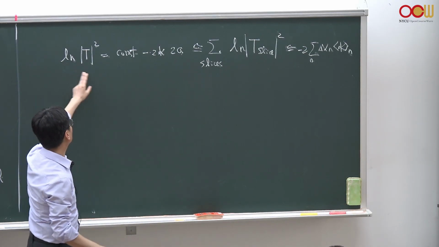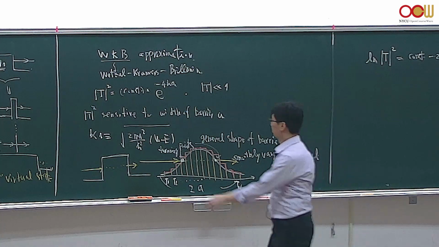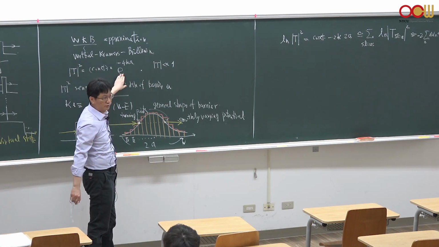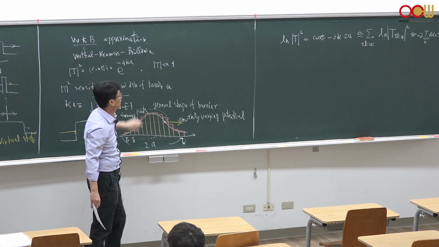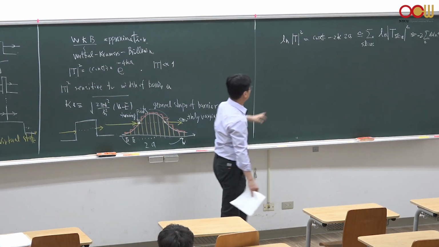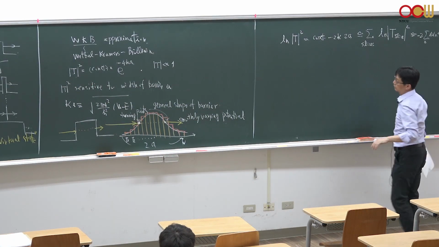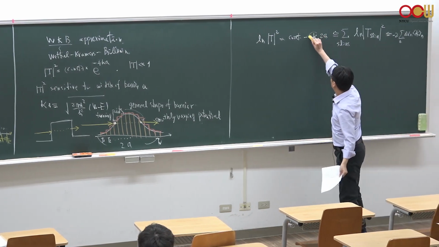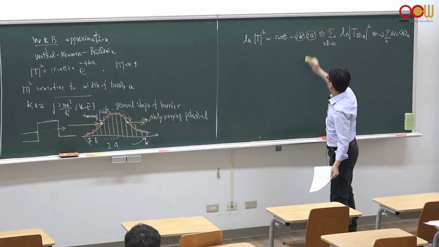If you take the log of this T squared, you can separate the constant from the exponential decay. Taking the log on both sides, you get the constant minus 4 kappa a, and you could simply combine the 2 kappa and the 2a together.